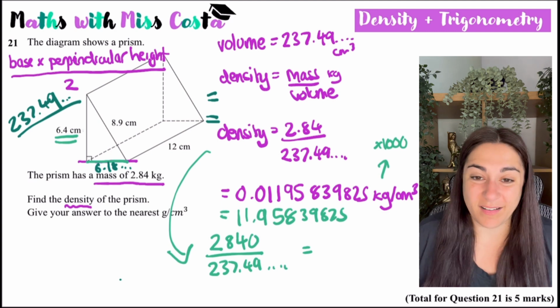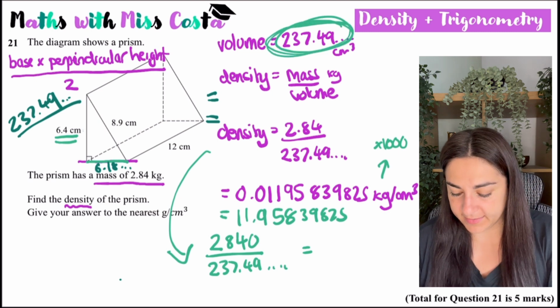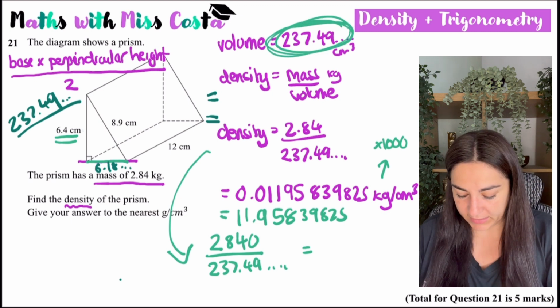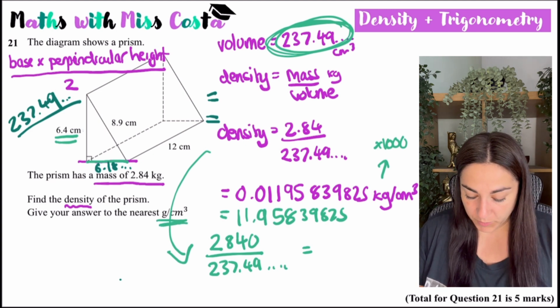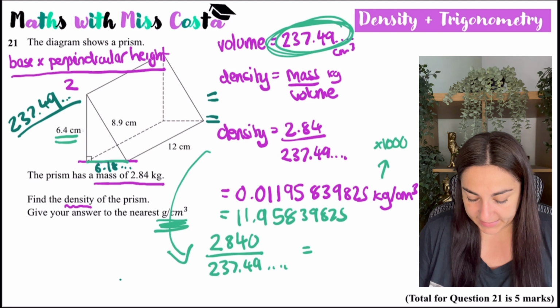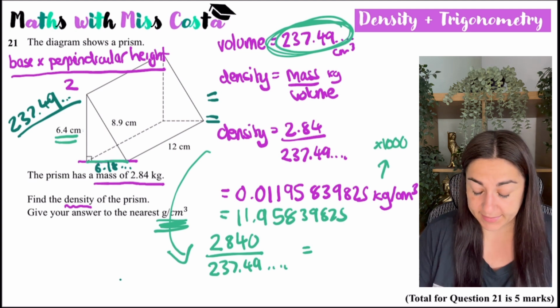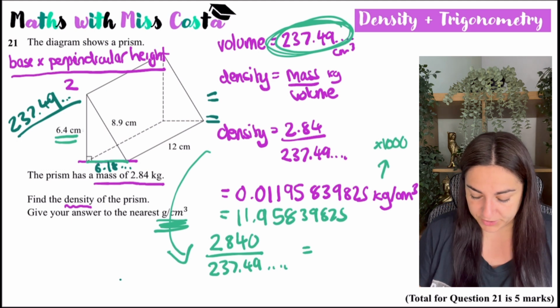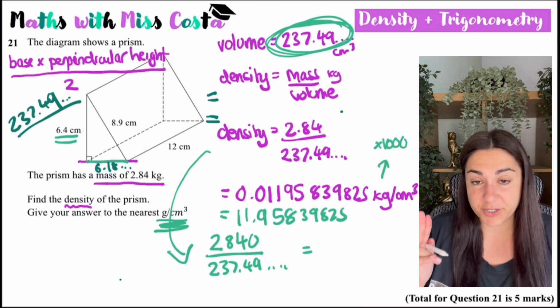And my answer might be a little bit more rounded because I lost my full answer and I didn't type everything in here. So as long as you got something along these lines, that's absolutely fine. And don't worry too much if you didn't get the last bit where it says give your answer to the nearest gram per centimetre cubed, because it's a lot of work that you've had to do for this question. But do just try and read the units. And there are two ways of doing it.